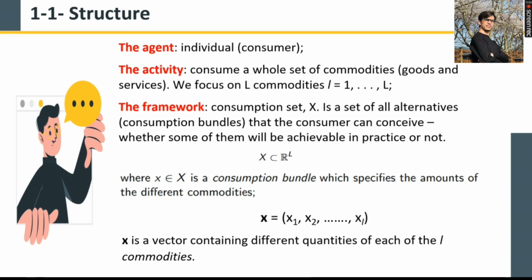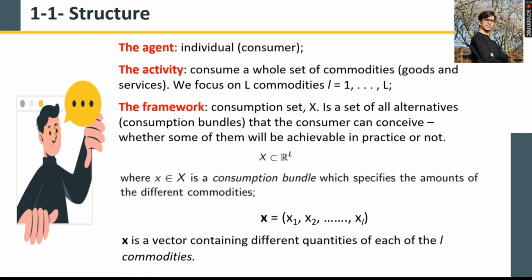And the small letter x, in capital X, is the consumption bundle, which is one of the elements in this consumption set, which specifies the amount of the different commodities. This bundle can be a vector because it's a combination of different commodities. So maybe in this bundle, we have different goods from 1 to L: x1, x2, up to xL. And x is a vector because it's a combination of different goods.